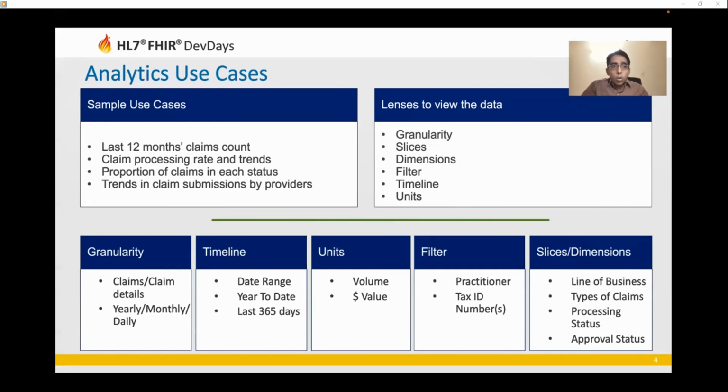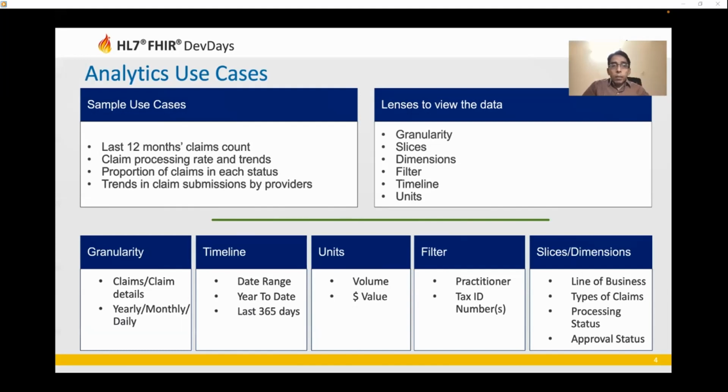If we take one simple use case, let's say what is my 12-month claim count by different status. I have to go back to the source system, pull out all the claims in the last 12 months, see their approval status and processing status, and then apply the filter.